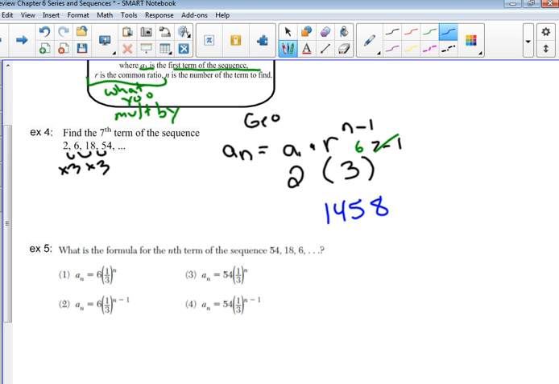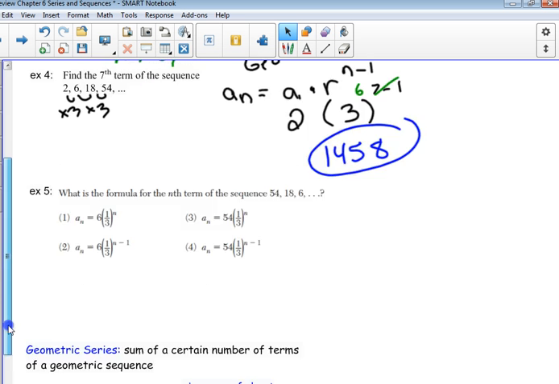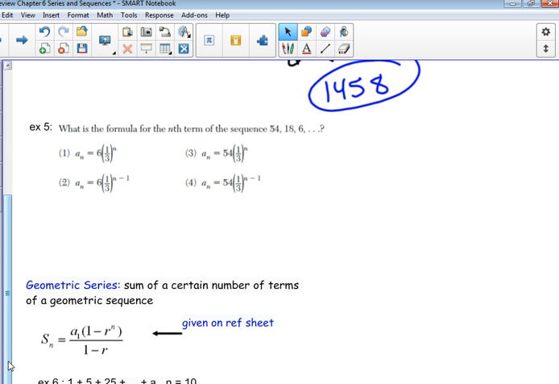Next one's a little tricky. What is the formula for the nth term for this one? Oh, 4. It's 1. It was just rejected or negative.